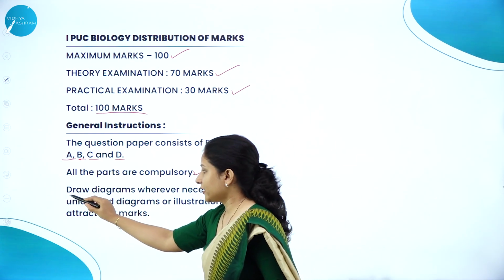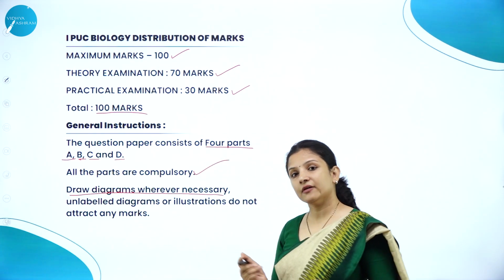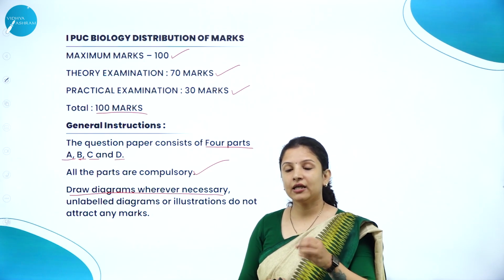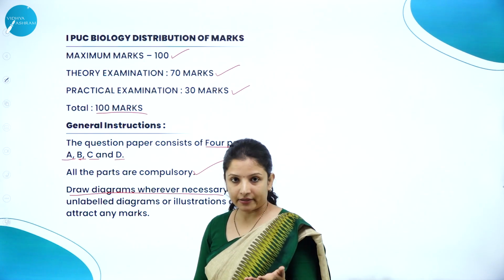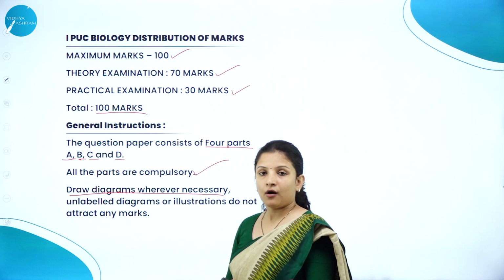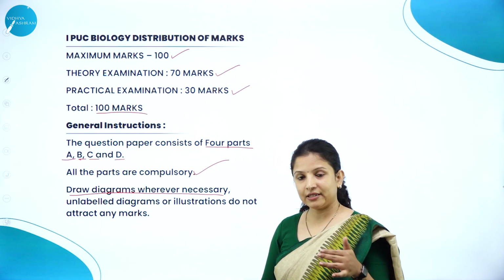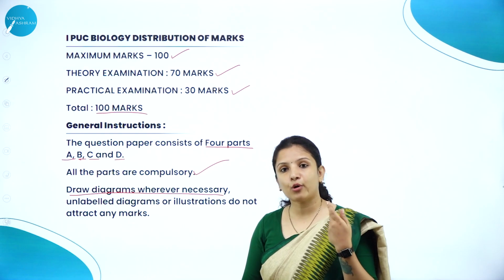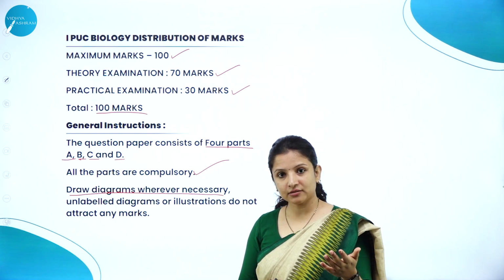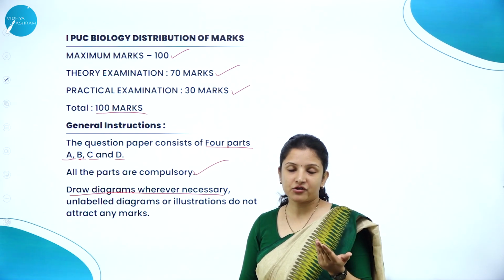So you have to draw diagrams wherever necessary. Sometimes they will ask directly, draw a neat labeled diagram of the heart. They can ask directly for 5 marks. Or sometimes they will not ask directly, they will ask you to write, explain about the heart. So if it carries 5 marks, nothing will be lost if you draw a diagram. It can fetch you marks, right?